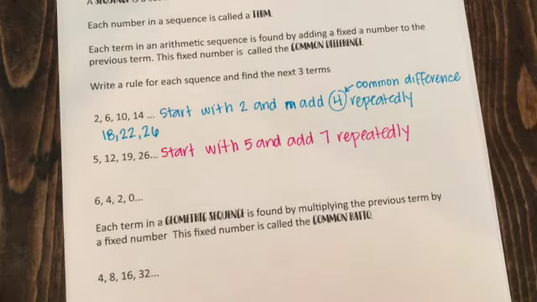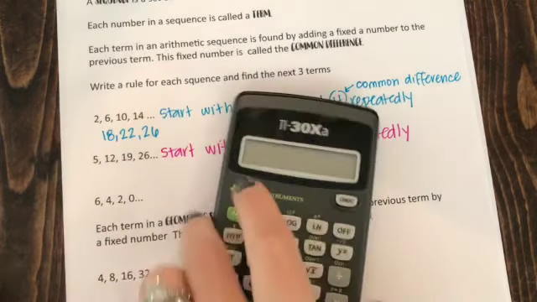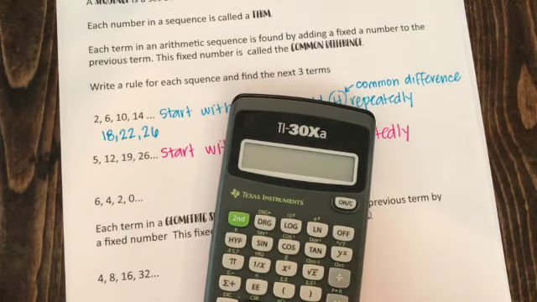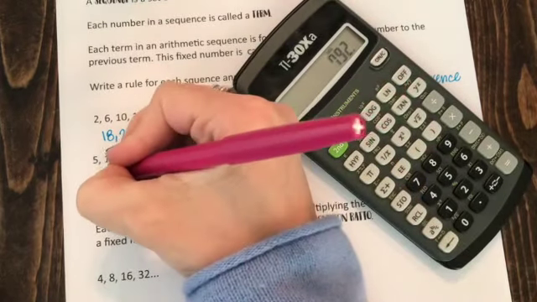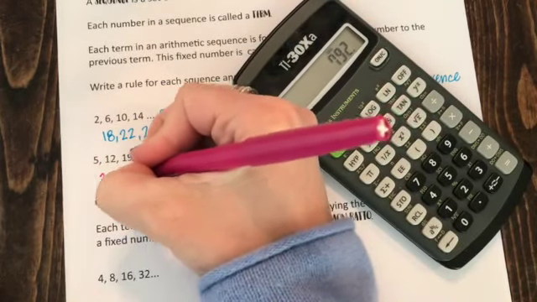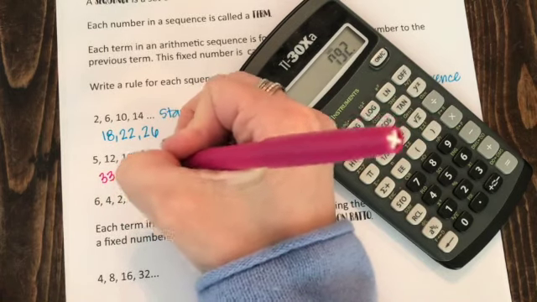Okay, and again, there's no shortcut. I know it's annoying, but we have to do it. Okay, so the next three would be 26, and feel free to use your calculator. Plus 7 is 33. Plus 7 is 40. Plus 7 is 47.